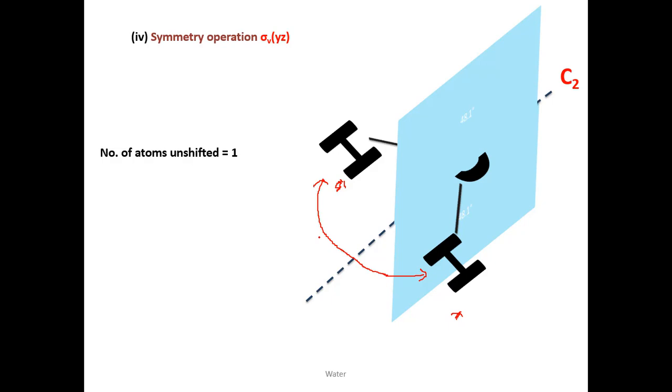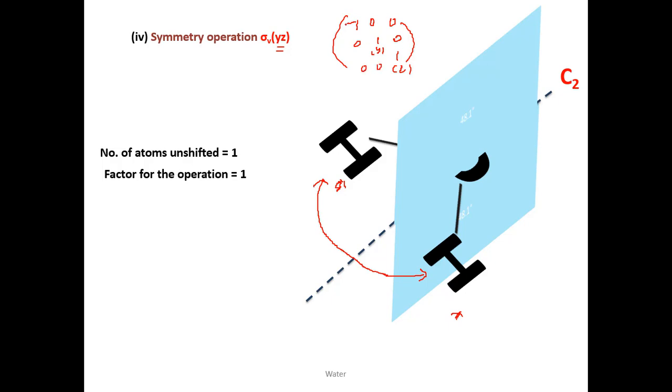As previously told, for reflection we will have the factor as 1. This is because in this case the transformation matrix will be, because it is yz, for y it will be 1, for z it will be 1, but x will change to -1, and the remaining elements will be 0.